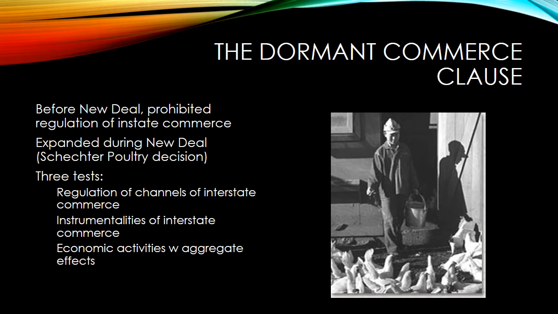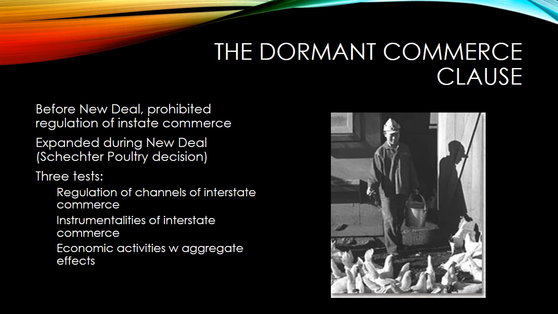One of the very important aspects of congressional power is this right to regulate economic activity. And this is called the Commerce Clause. And the Dormant Commerce Clause is the question of how far this regulation of activity goes.